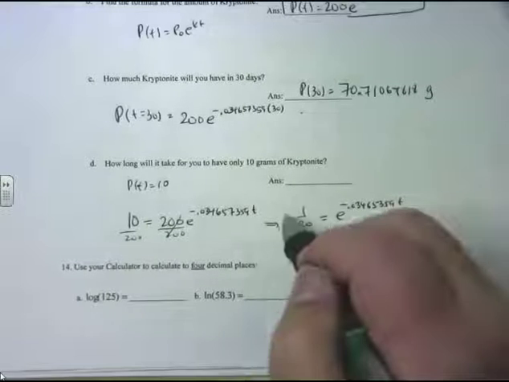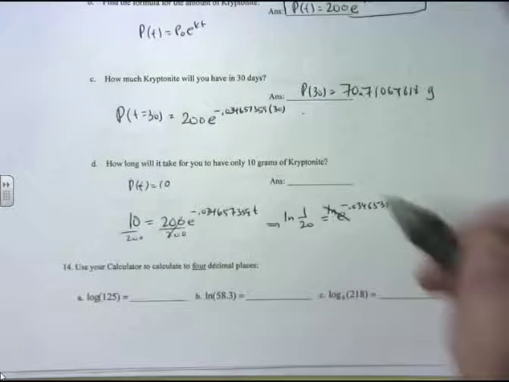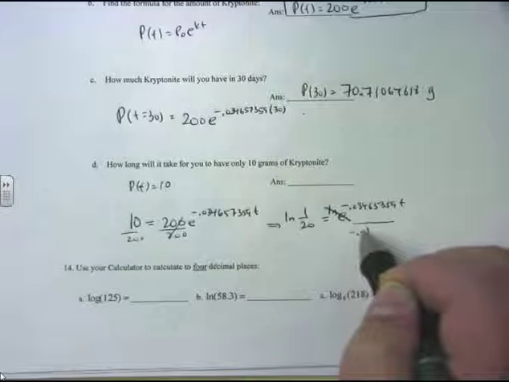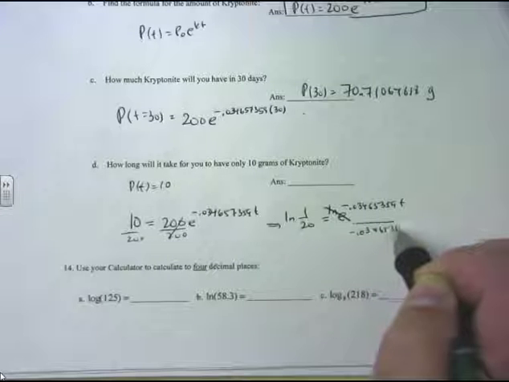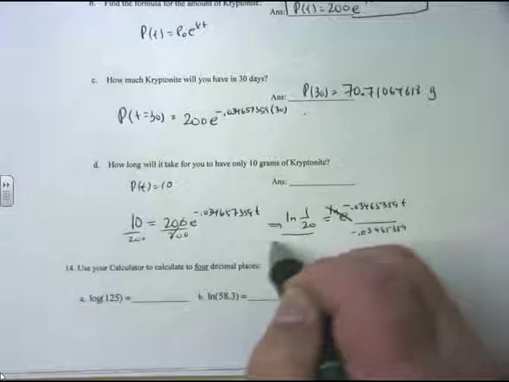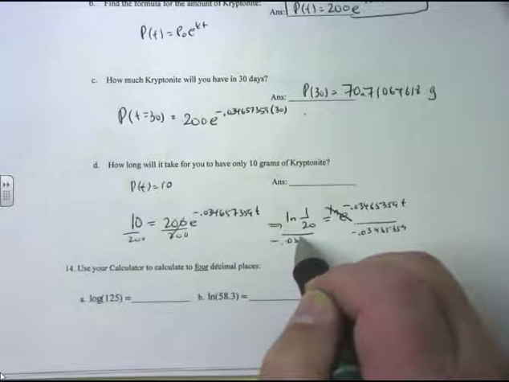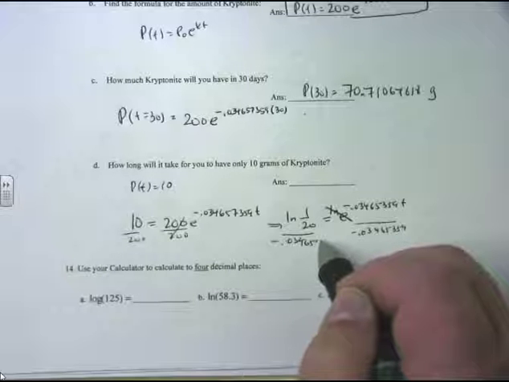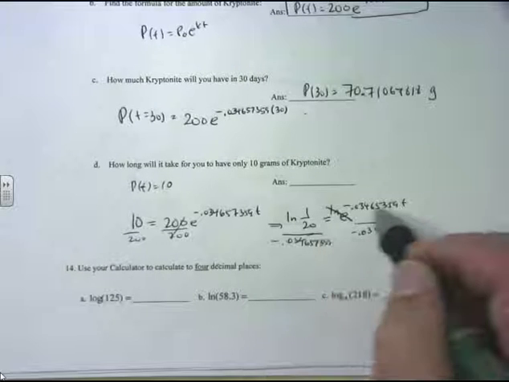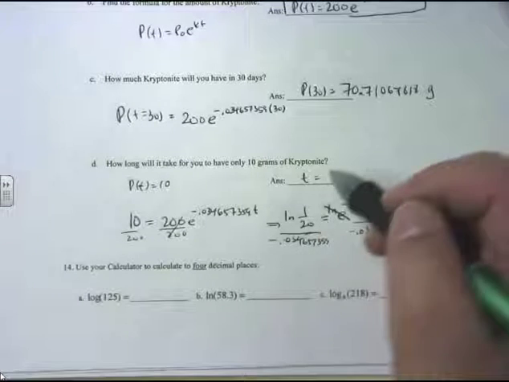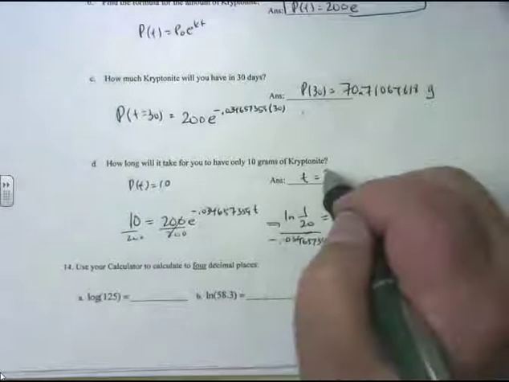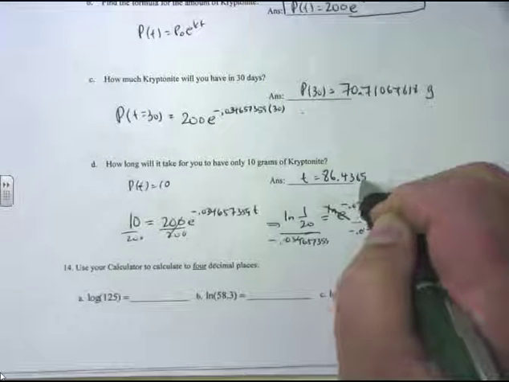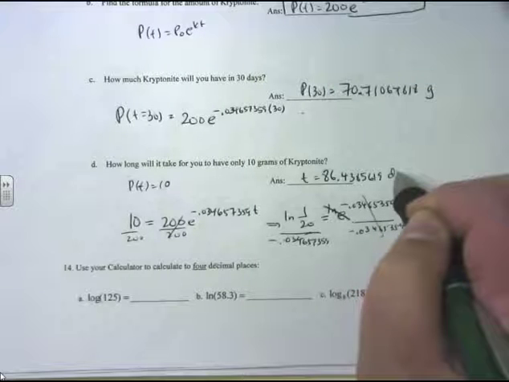Then I would take the natural log of both sides. So my natural log and these cancel. And then I would divide by negative 0.034657359 on both sides, and that cancels, so I get t is equal to, I'm doing it on my calculator, 86.4385619 days.